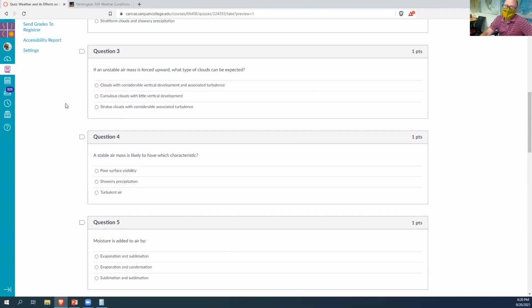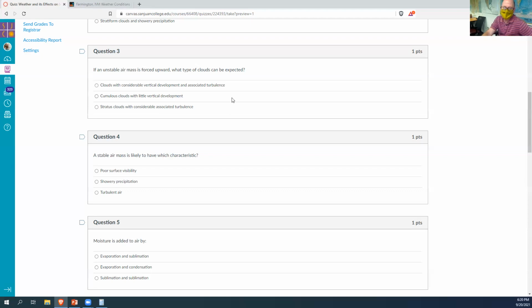Okay, good. If an unstable air mass is forced upward, what type of clouds can be expected? Clouds with considerable vertical development and associated turbulence, or cumulus clouds with little vertical development. That sounds kind of like an oxymoron, so you could probably throw that one out. Stratus clouds with considerable associated turbulence is also sort of.